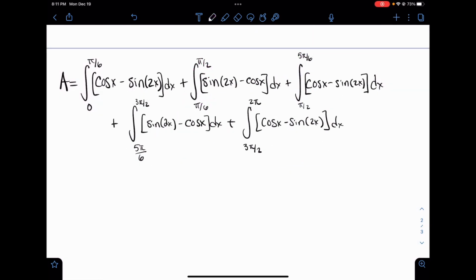Okay, so I have gone ahead and set up the integral. As you can see, each of our 5 different integrals covers each of the segments. We have 0 to pi over 6, pi over 6 to pi over 2, pi over 2 to 5 pi over 6, 5 pi over 6 to 3 pi over 2, and then 3 pi over 2 to 2 pi.